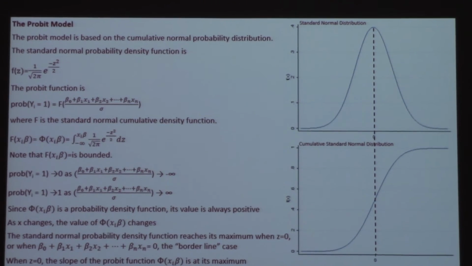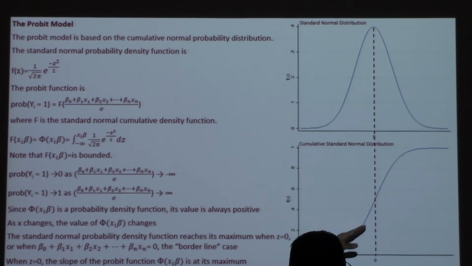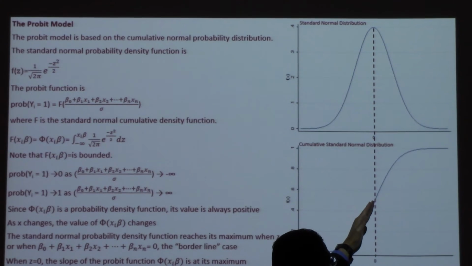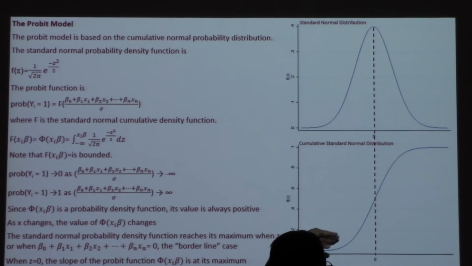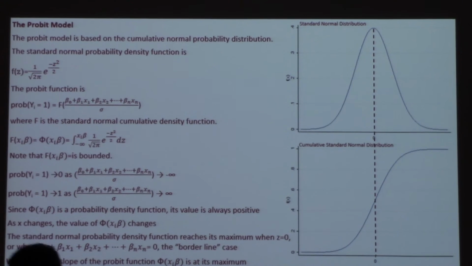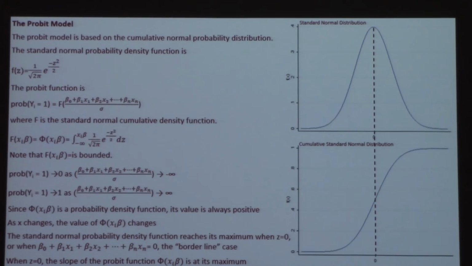And at that point, when z equals 0, at that point of inflection, the slope goes from increasing at an increasing rate to increasing at a decreasing rate. So at that point, the slope of the probit function is at its maximum. What is that? Well, the slope of a demand curve is the effect of our independent variables on our dependent variables.